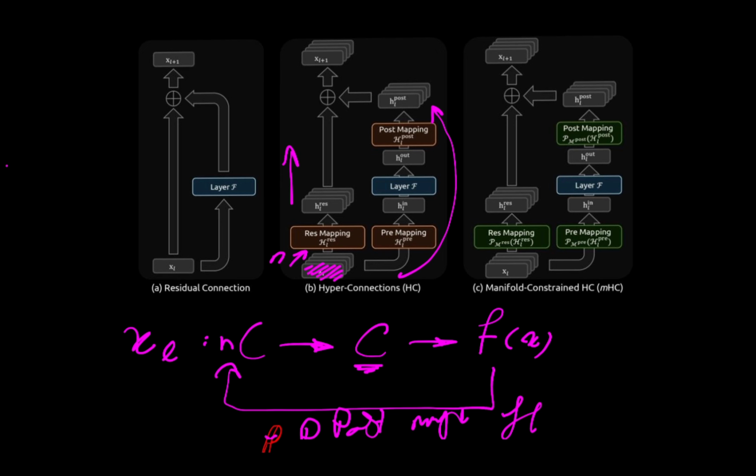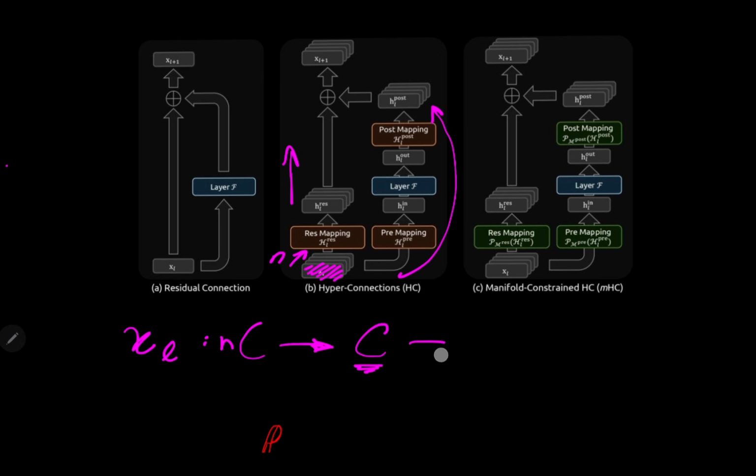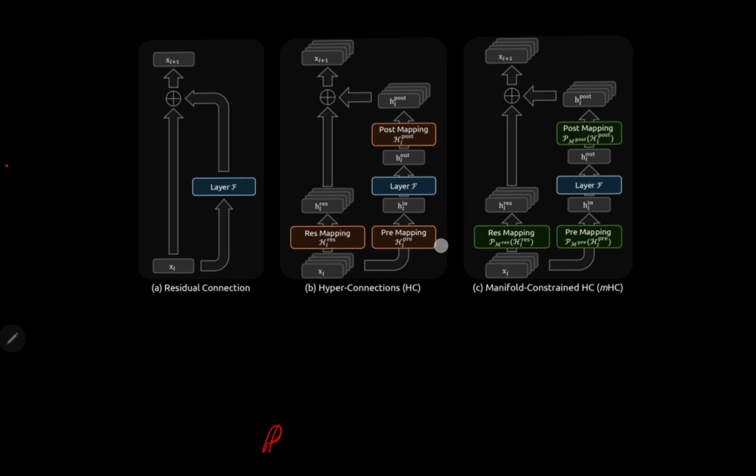So there are some positive things about it and some negative things about it. We were not sure how we could make this both efficient and stable until manifold-constrained HC.